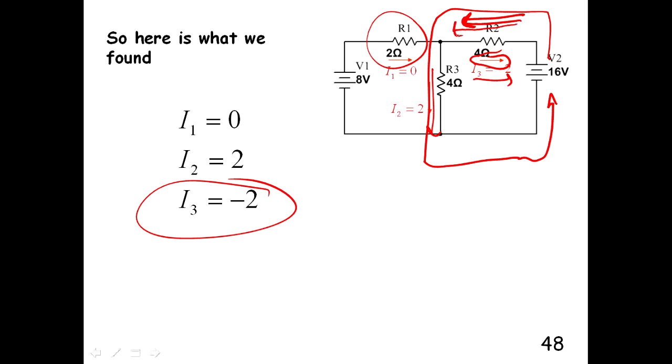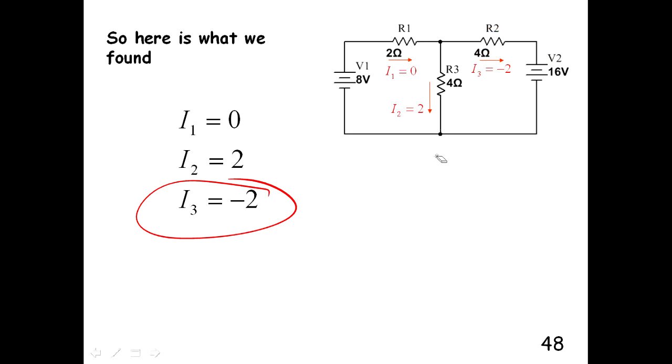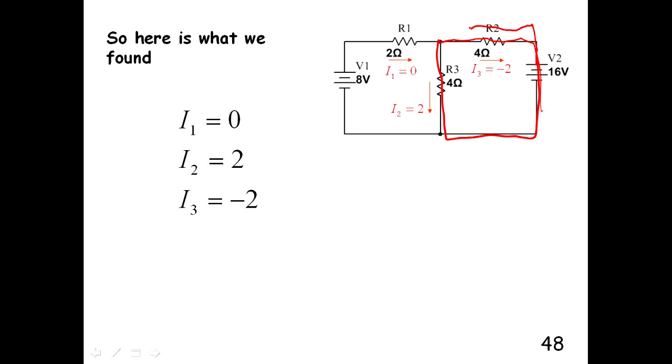That's fine. At first, when I worked through this example, I was kind of disappointed that I ended up with I equals 0. But it's an interesting problem nonetheless, because here we have a battery of 16 volts with 4 ohms and 4 ohms. So around this path, we know that Kirchhoff's loop rule has to work. So plus 16 minus 2 times 4 is 8, minus 2 times 4 is another 8.